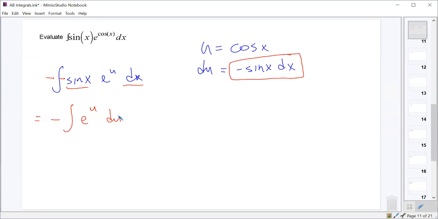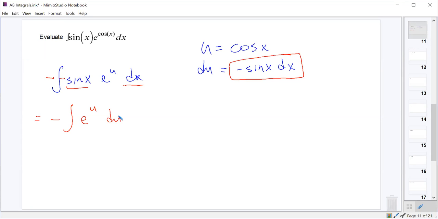Everybody see how we did that? We found something to substitute out, and then we took the derivative of that substitution to build in a du so that we could integrate in terms of u.